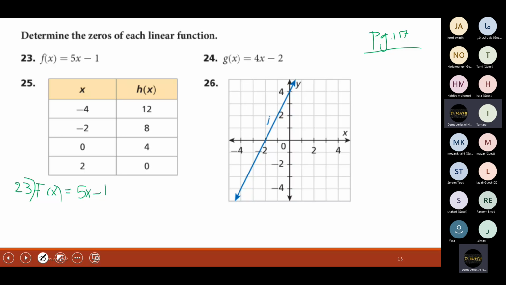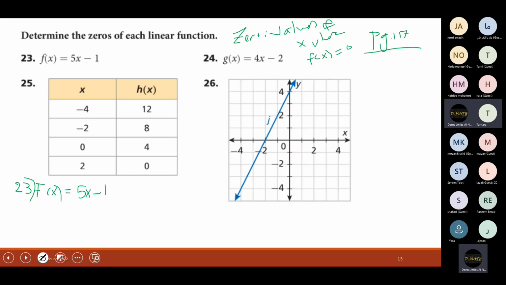Where do I have to put 0? Do I substitute x with 0 or substitute f of x with 0? F of x with 0. Bravo. Because as we said yesterday, a 0 of a function is all the values of x where f of x equals 0.